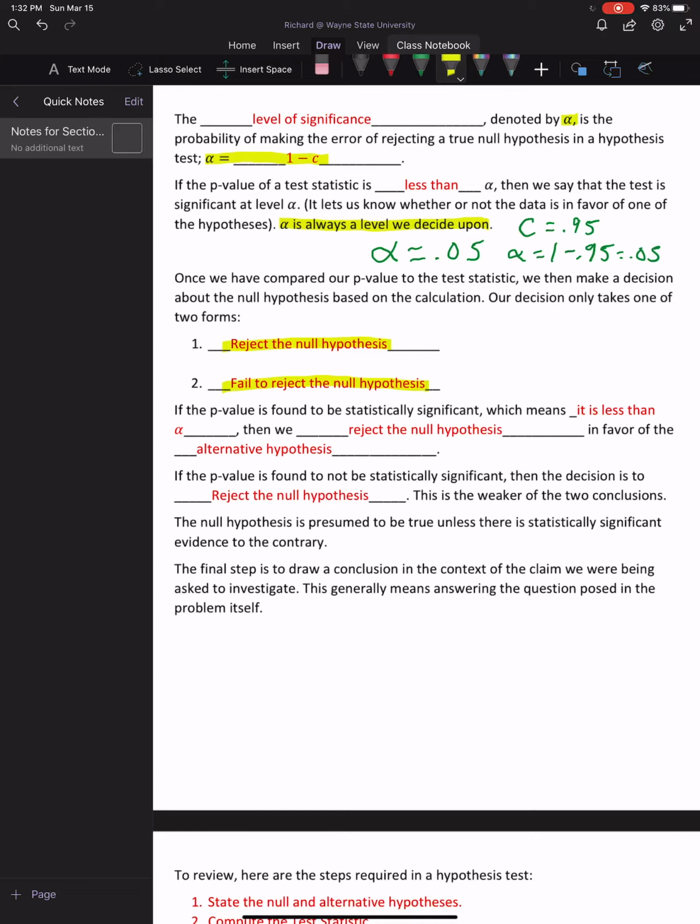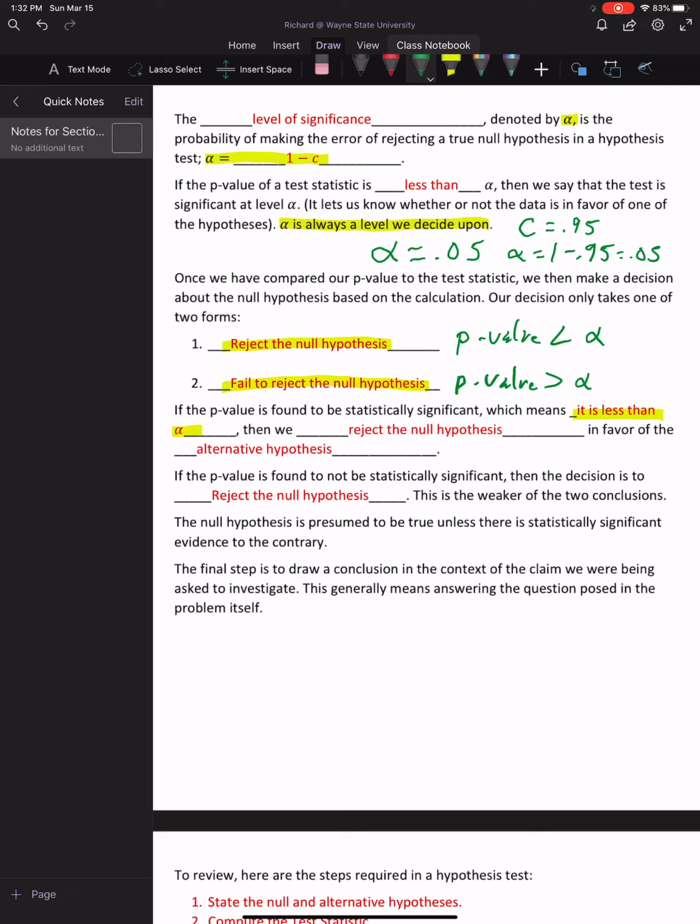So if the p-value is found to be statistically significant, which means it's less than alpha, then we reject the null. Once again, if the p-value is less than alpha, then the decision is to reject the null. And if that p-value is greater than alpha, then the decision is to fail to reject. This will make sense once we look at a hypothesis test.